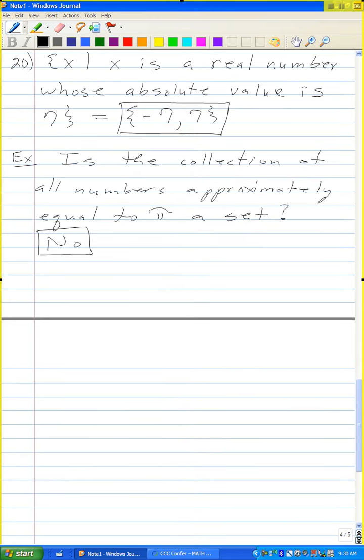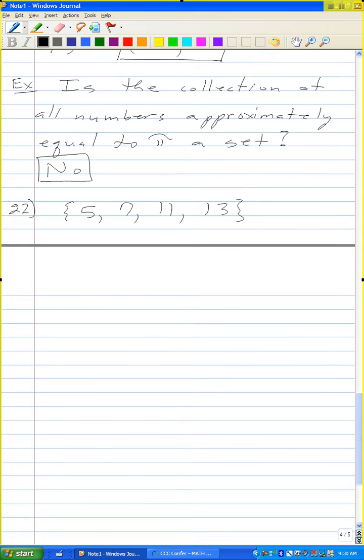Let me do problem number 22. 5, 7, 11, 13. In exercises 21 through 30, write the set in set builder form.